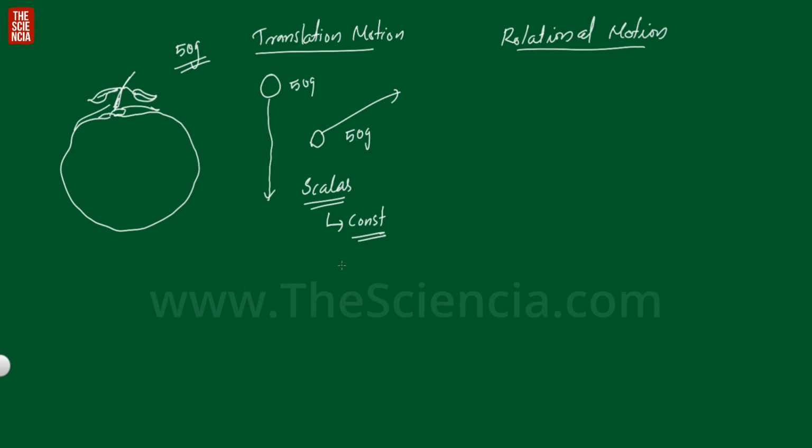In the relativistic case, when it is moving with a certain velocity, its mass will change. But here we are discussing only the non-relativistic case. Now I am considering the rotational motion of our apple. Suppose I am rotating this apple about this axis or about this axis. Suppose I am taking this as the x-axis and I am rotating my apple about this x-axis. You can see this apple doesn't have any symmetry, right?